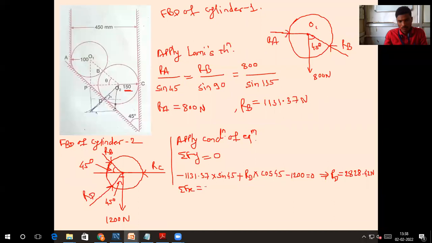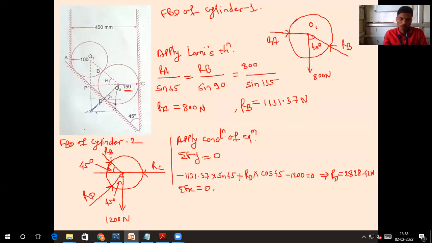Summation Fx equal to 0. Okay. Who will tell me now? Force RB, is it going towards the positive x-axis or negative x-axis? Positive x-axis. First we'll take the RB force.